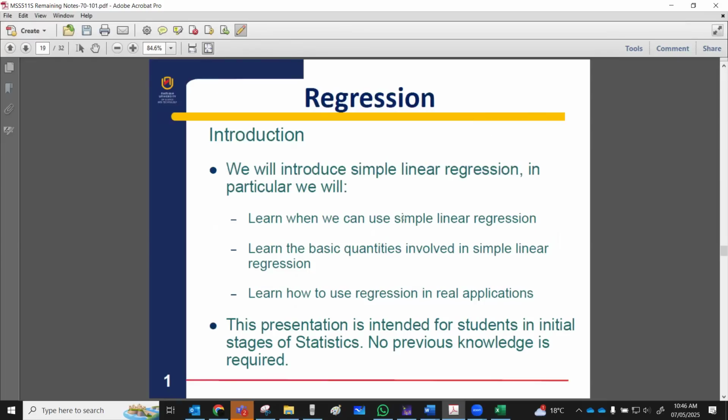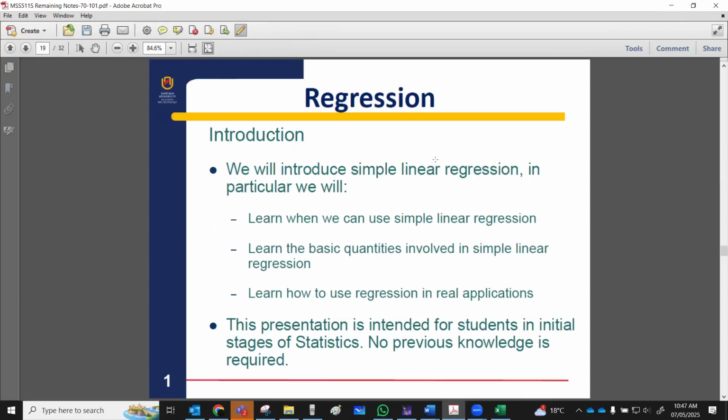Right. Then here with regression, we introduce simple linear regression. Basically what we want to do is establish a relationship. If we know that there is some relationship between two variables, then we can come up with an equation that we can later substitute values into in order to work out more values.